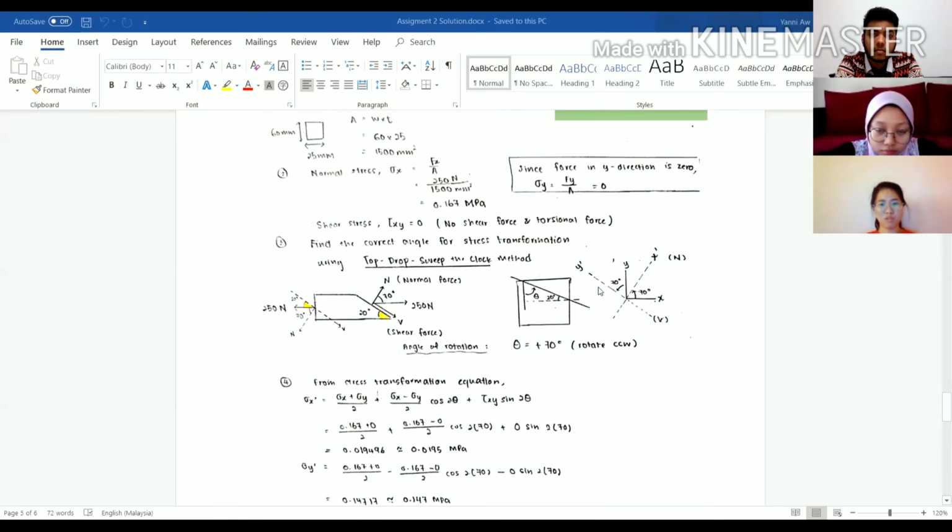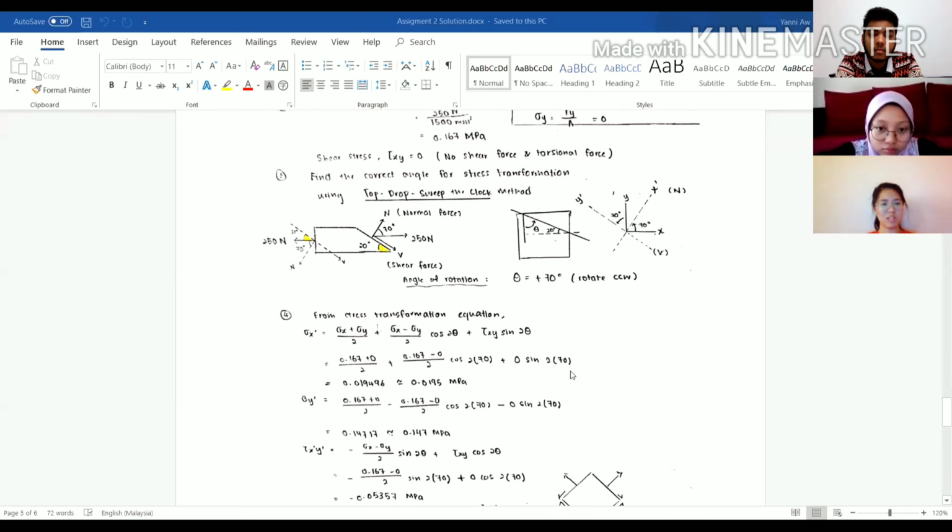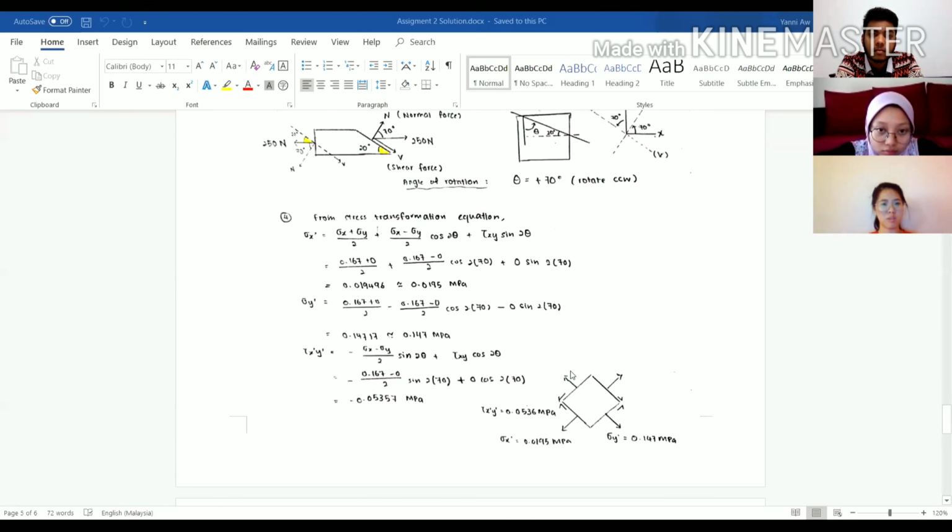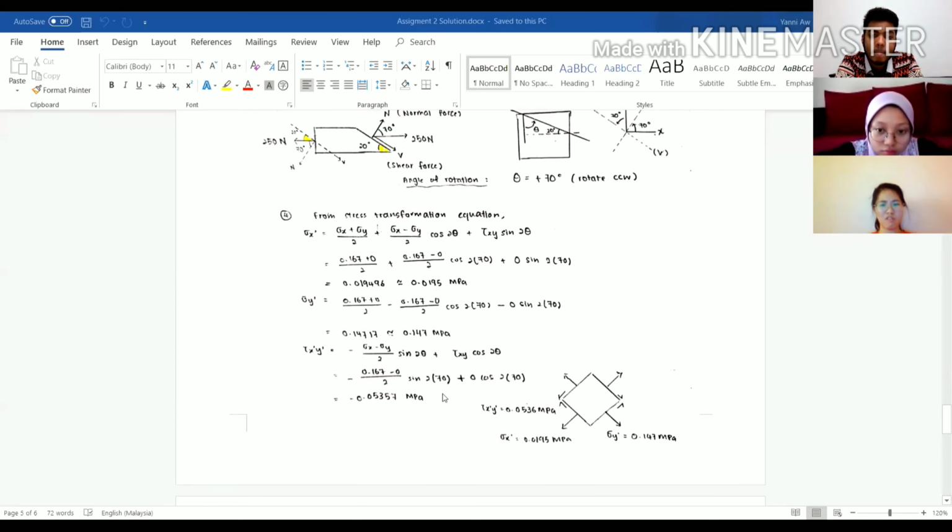We already know how to find the angle, and this positive means that this vertical line is swept to the inclined plane, so it is rotated anti-clockwise. So with this information, we can use three important stress transformation equations and substitute inside, and then we get this value for this rotated element.